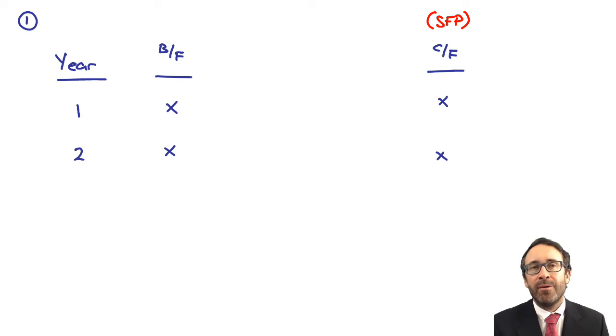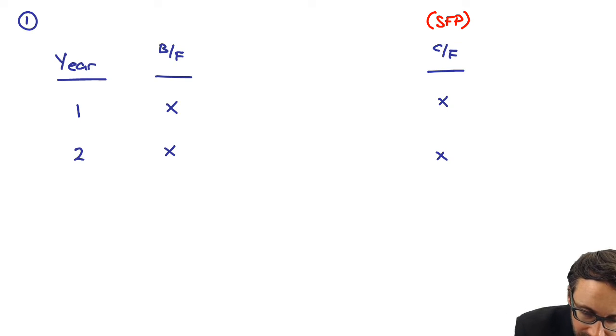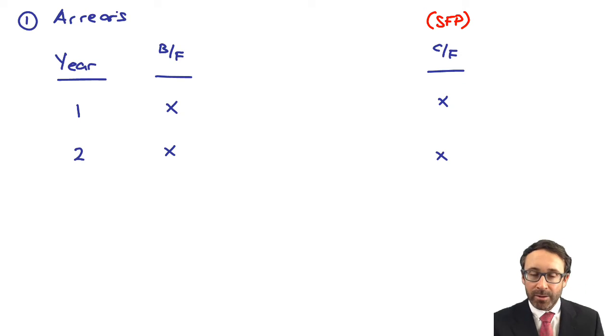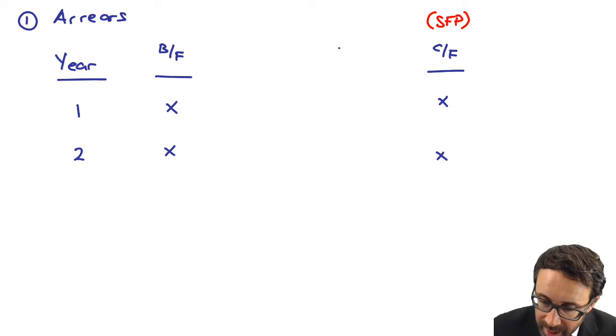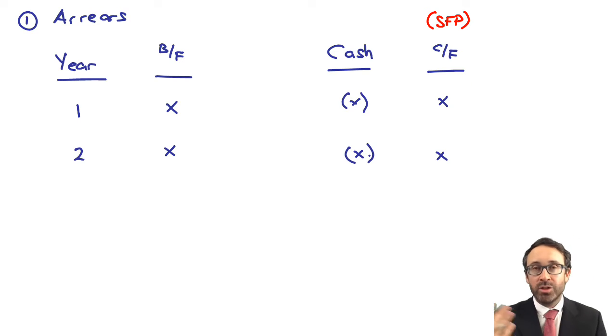The key thing now is that we need to look at when the payments arise. Now the payments arise here, don't they? In arrears, which is at the end of the accounting period. So our cash payment is going to be the last thing that happens before we then show our year-end liability.